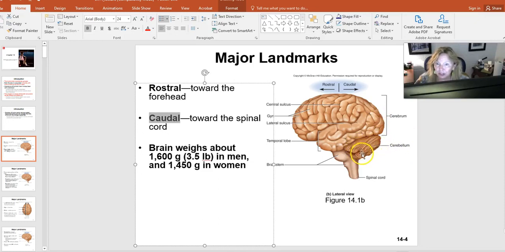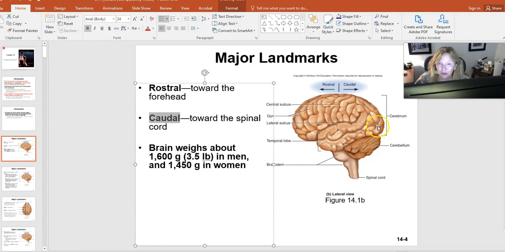Now on this illustration, they have it looking slightly different from the lobes of the brain, and it's significantly smaller. But we know that 50% or more of the neurons, those all-important nerve cells that are actually detecting, interpreting, and sending signals to other cells, are found in the cerebellum.